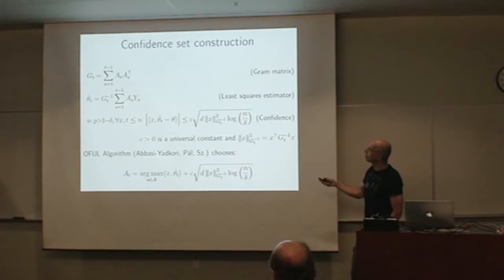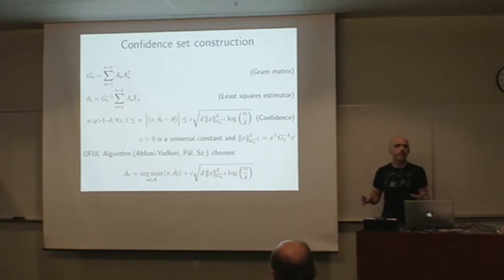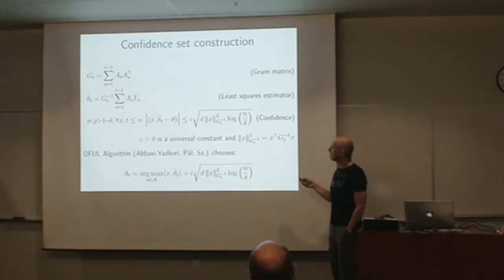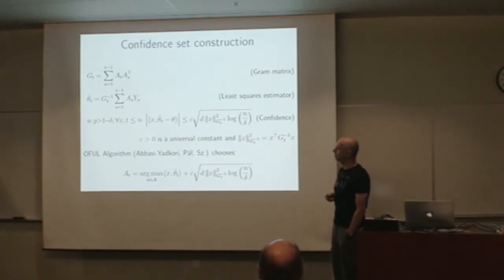And then you can work out, doing some math, that the confidence intervals that apply to a single action look like this. It's an ellipsoidal confidence set, and C is a universal constant, and this notation here is just the matrix weighted 2-norm.